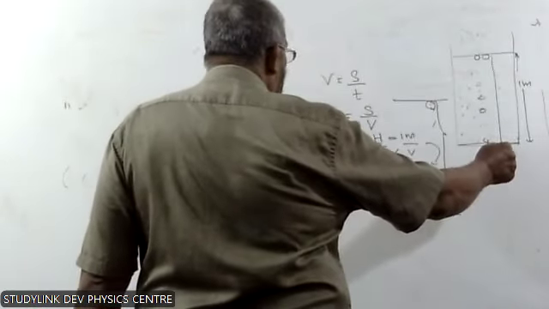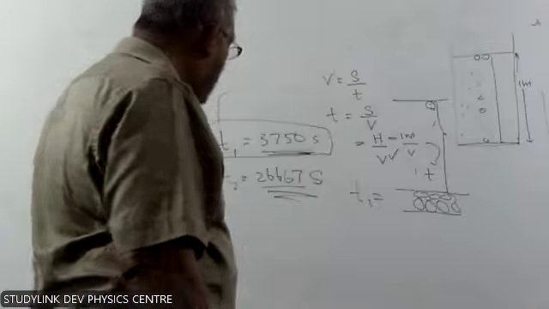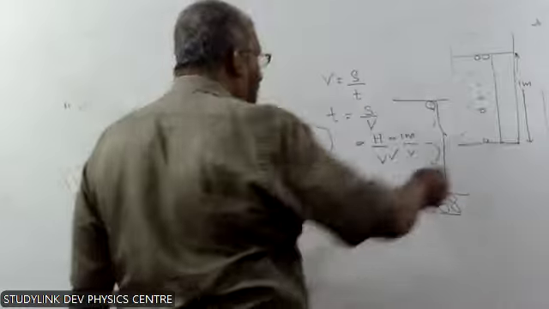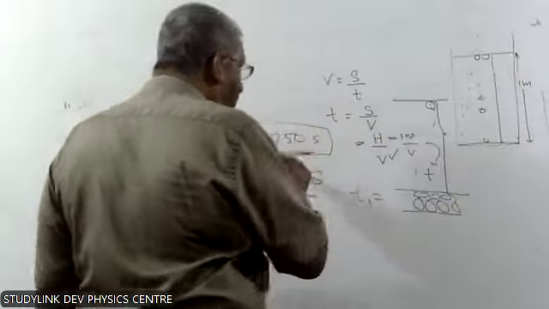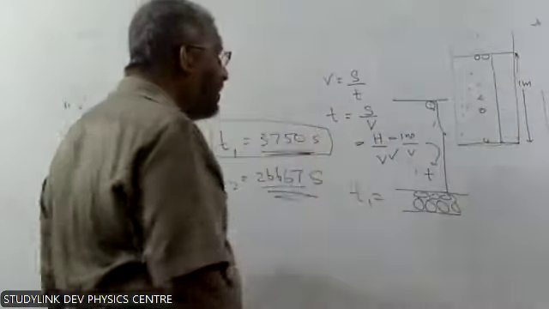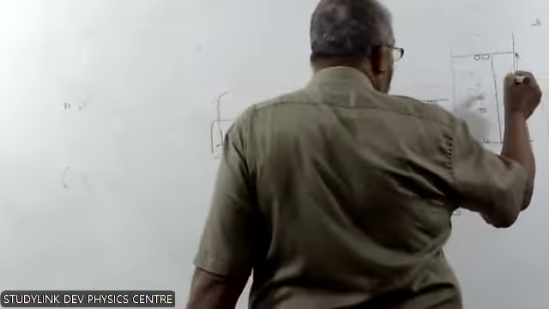Because we calculated for the one which was at the surface, reached there. But as far as the other small ones are concerned, it takes more time. Within this time, you can find the height it can reach, because of different terminal velocity.